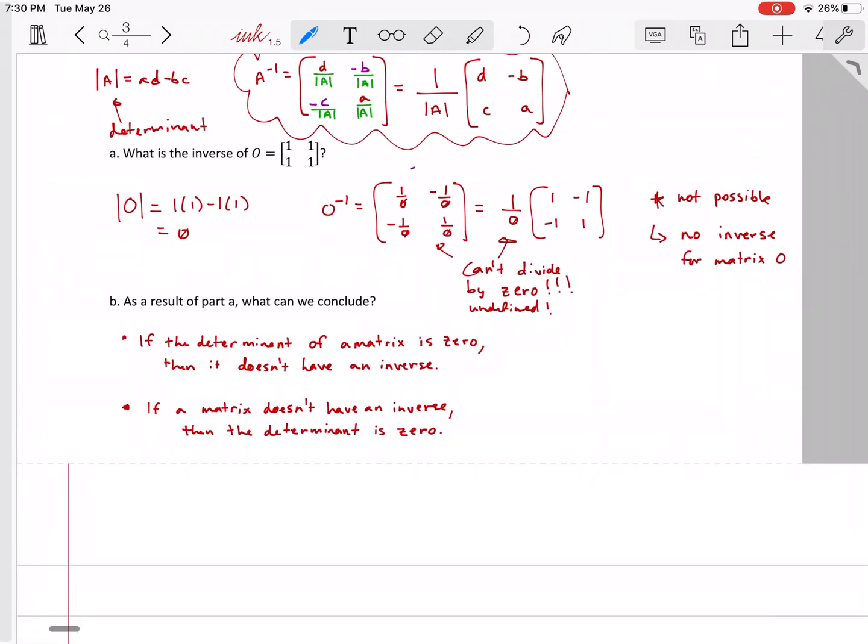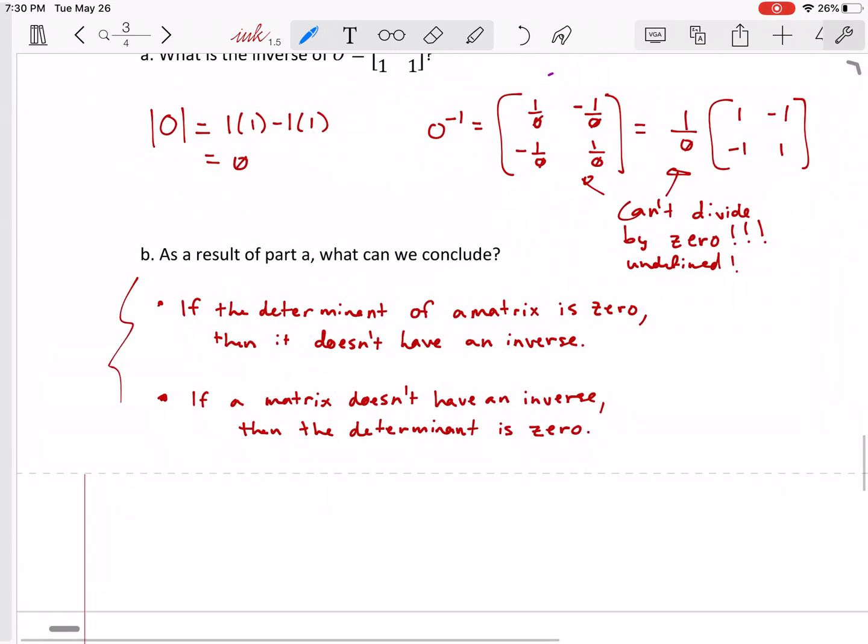You'll have one problem on your assignment where it's basically asking you to use this theorem. Notice if a matrix has a determinant of 0 and what that will tell you about whether it has an inverse or not.